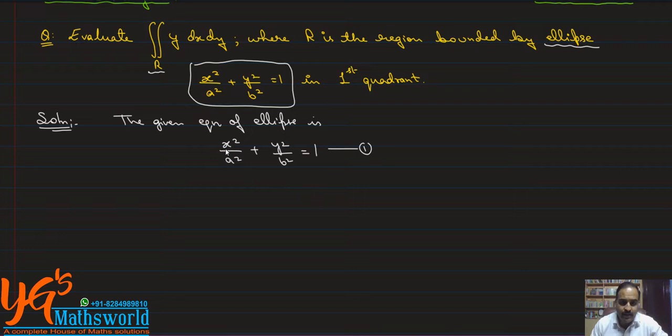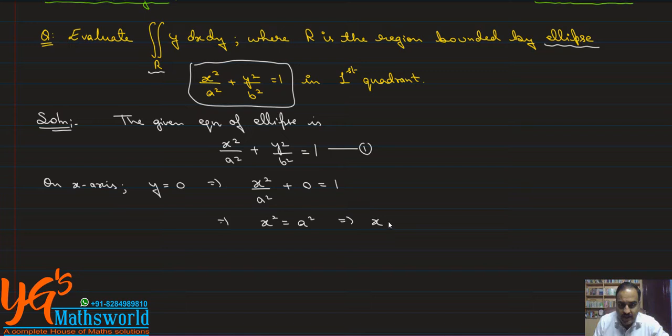So, we have to find the points of intersection on the x-axis and y-axis. On the x-axis, we know that the value of y is 0. This implies x square upon a square plus 0 is equal to 1, or we can say x square is equal to a square, we can say x is equal to plus minus a.